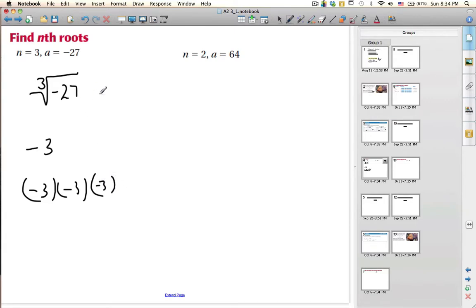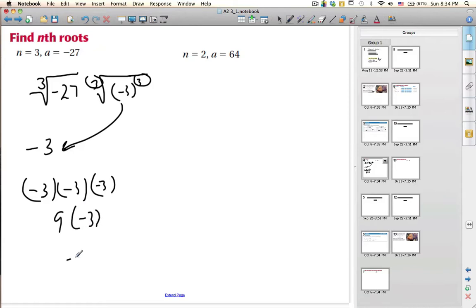Again, a quick review here. I'm saying that negative 27 is negative 3 cubed. That's what brings the negative 3 out. When the index and the power match, then it brings the radicand out. So negative 3 times negative 3 would be 9. Times negative 3 is negative 27. That's just to verify that for you.